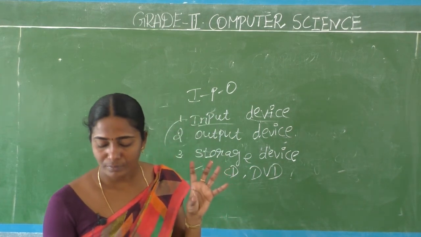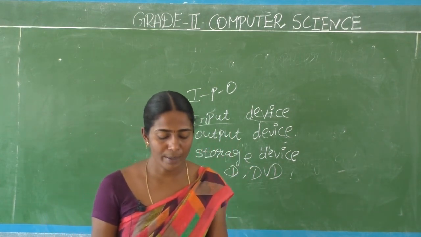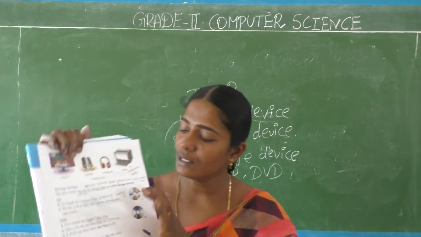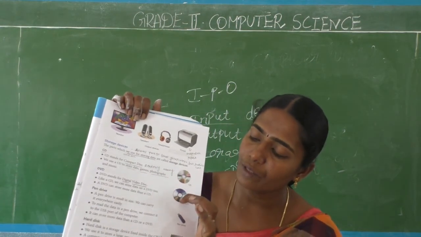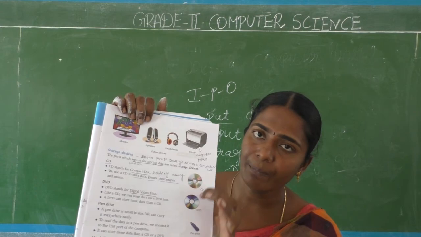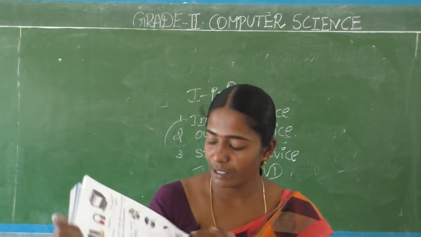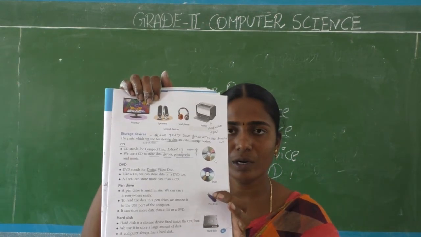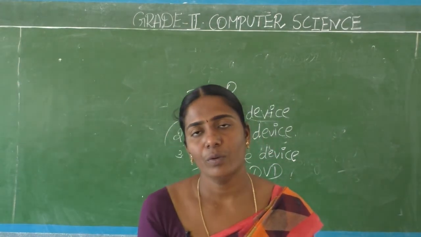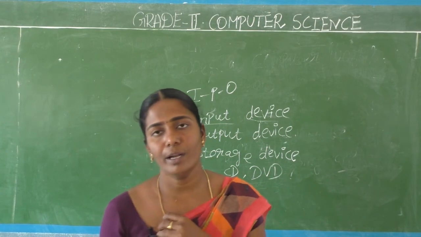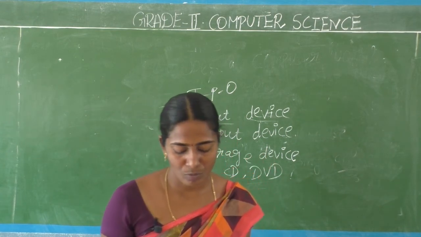See, it's okay children. Next one, pen drive. This one is a CD, this one is a DVD. This one is a pen drive. A pen drive is a very small size.